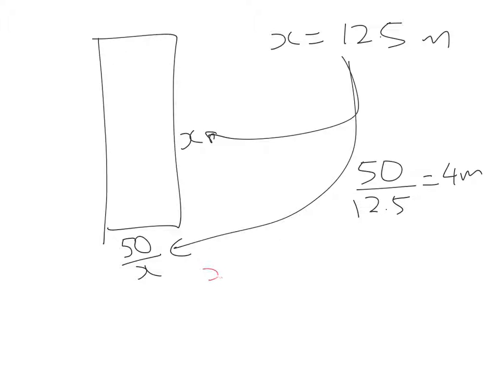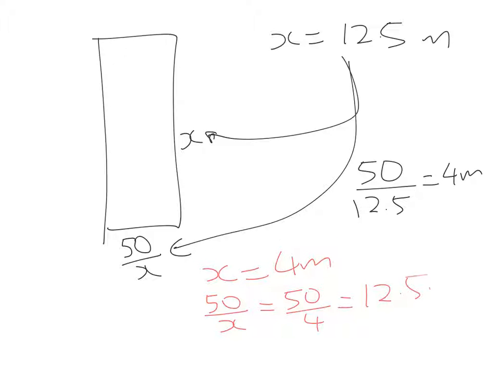If instead we make x 4 metres, then the other side is 50 over 4, which is 12.5 metres. So there's a unique solution here. The dimensions of the garden are 12.5 metres and 4 metres. Okay, so that's question 2D finished.